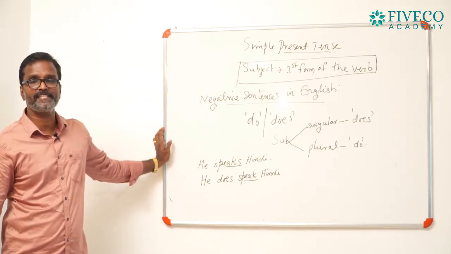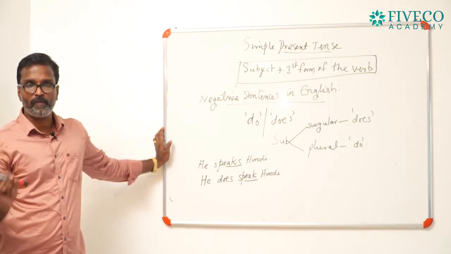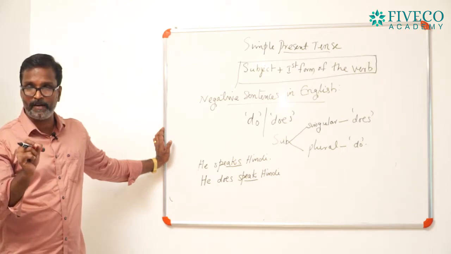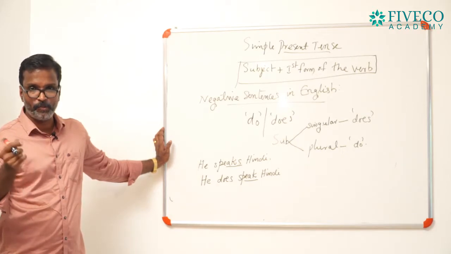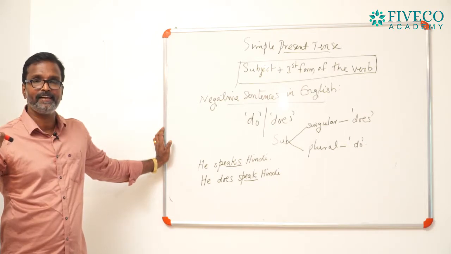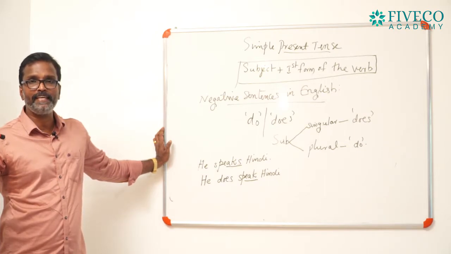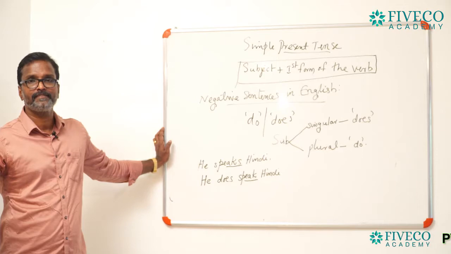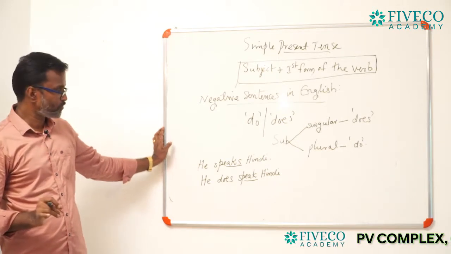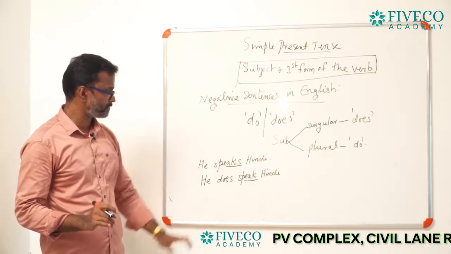You want to understand this condition. While we use does in simple present tense, you have to cancel s or es or ies from the main verb. So, he does speak Hindi.